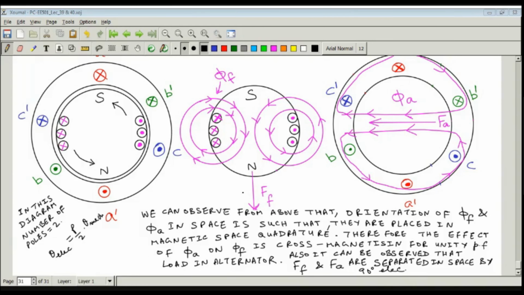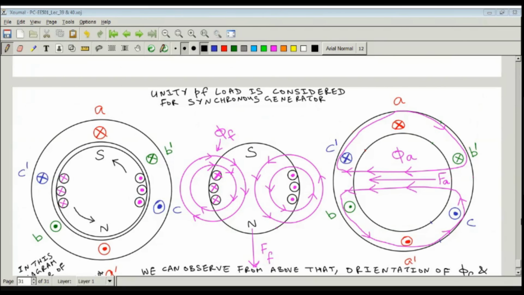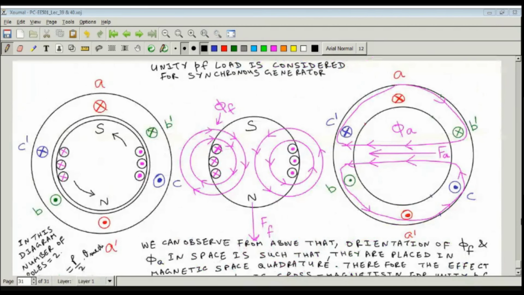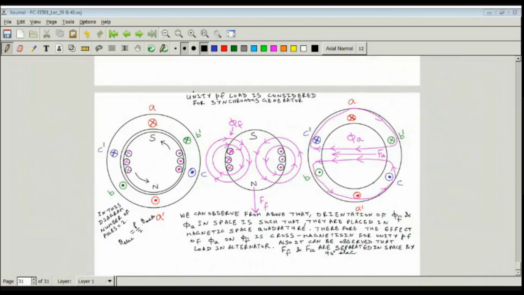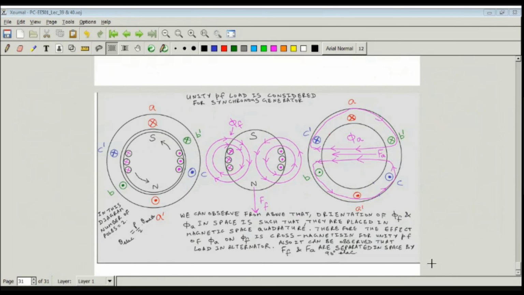Now I would like you to observe certain things. Since this is a generating action, you can expect that electromagnetic torque will oppose the prime mover torque, right? So let us try to figure it out. I will keep this diagram in the next page, so that the whole thing is in front of us.